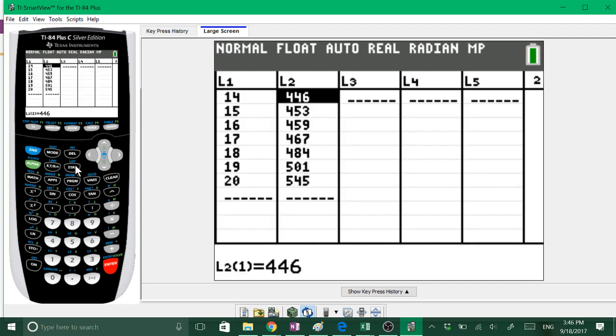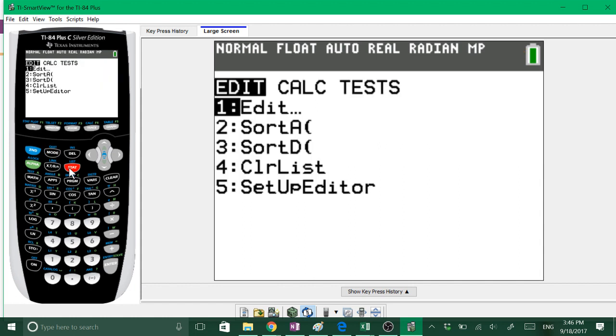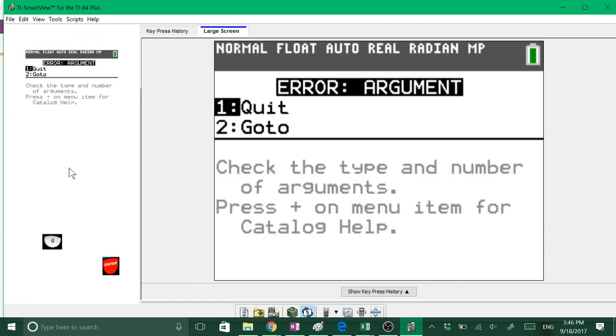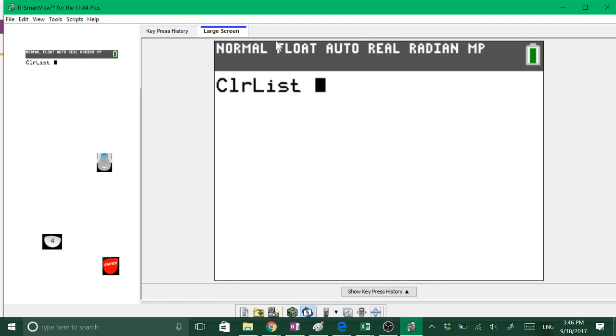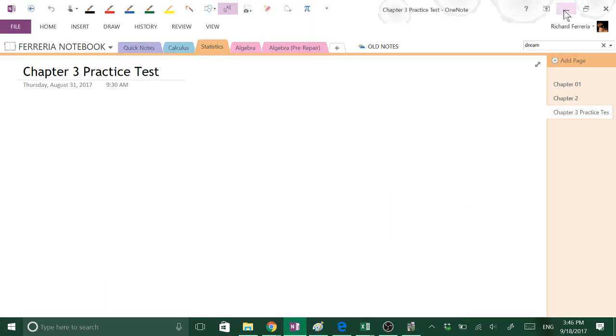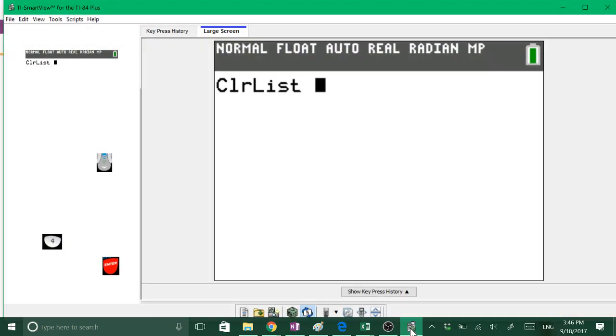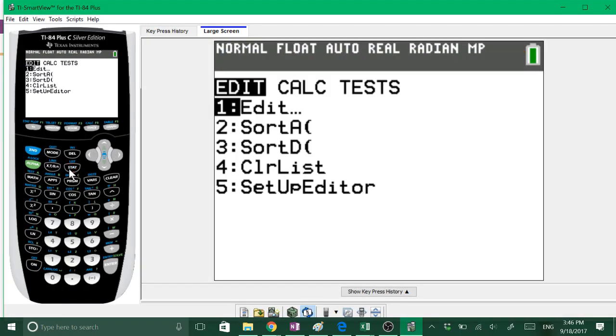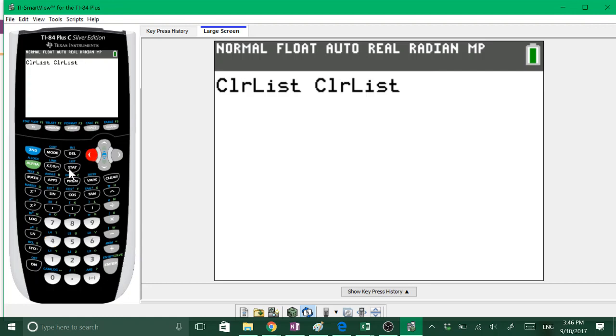Okay, so I'm going to clear these lists. Can you remind us how we came to that point? Sure. Stat, clear list is number 4. You want to put the lists that you want to clear.